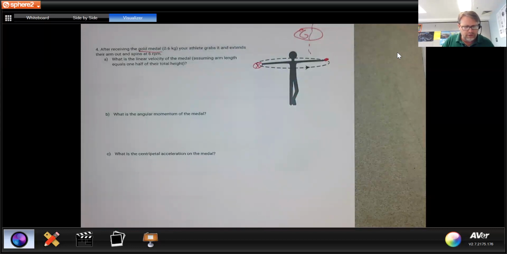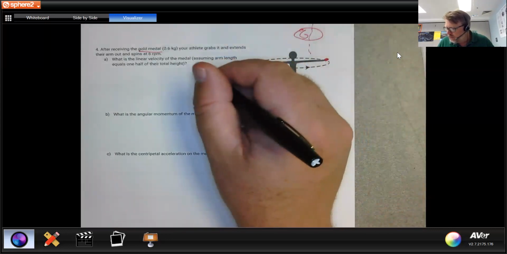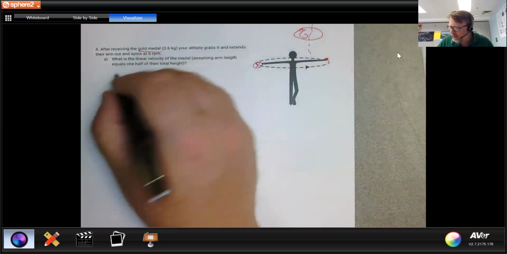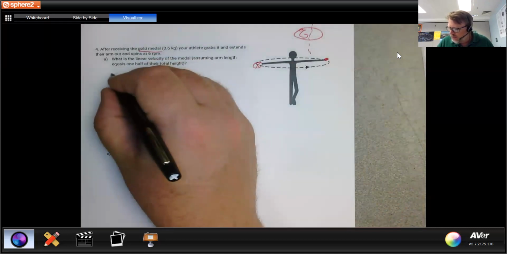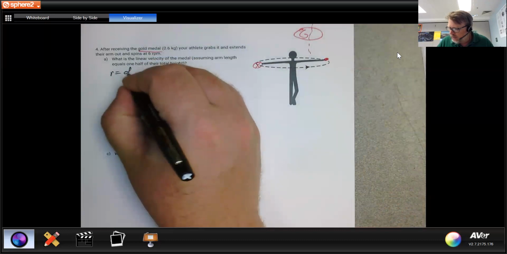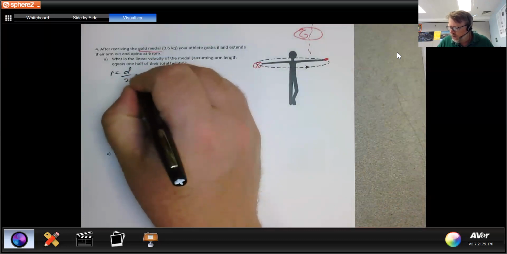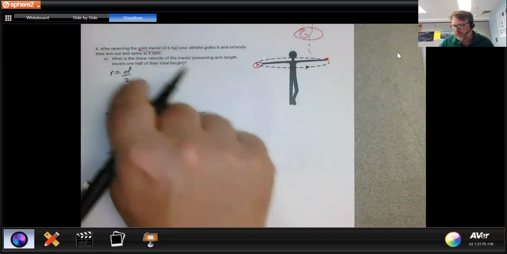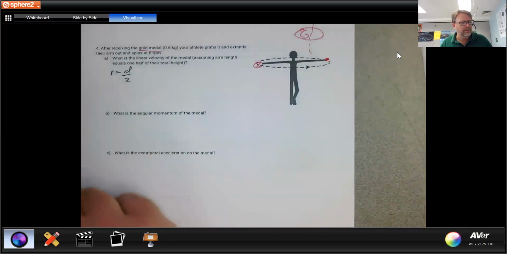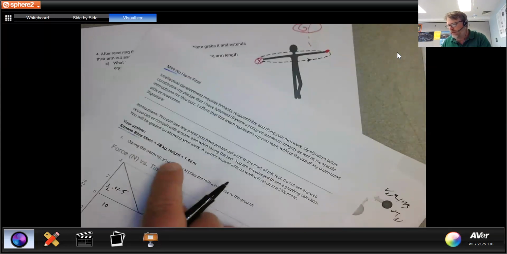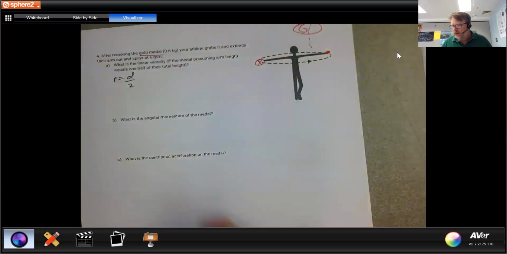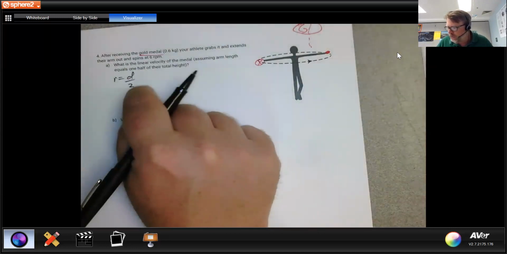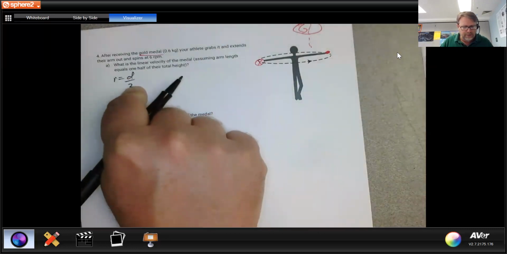All right, so first, what is the linear velocity of the metal, assuming the length equals 1/2 their total height? So we're going to have to use radius equals diameter over 2. Okay, so you'd have to look back on page 1, what is their height for your athlete? Okay, you're going to divide that by 2 to get your radius.